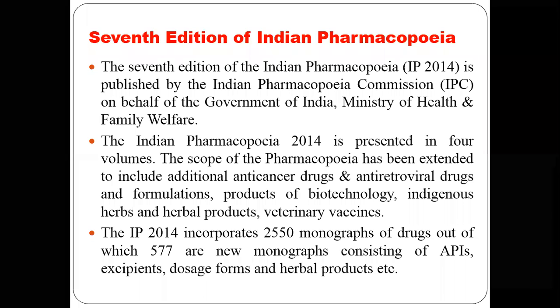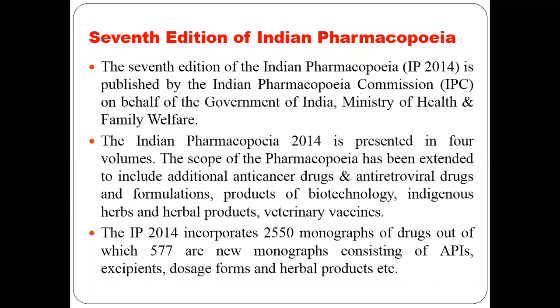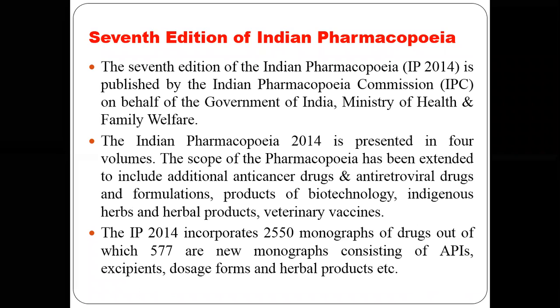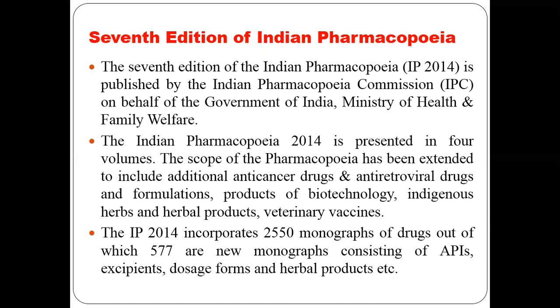The scope has been extended to include additional anti-cancer drugs, additional antiretroviral drugs and their formulations, as well as modern drugs based on biotechnology, herbal products, and veterinary vaccines. About 2550 total monographs were added in the 2014 Indian Pharmacopoeia, including 577 new drugs.